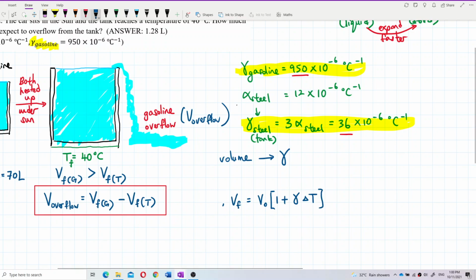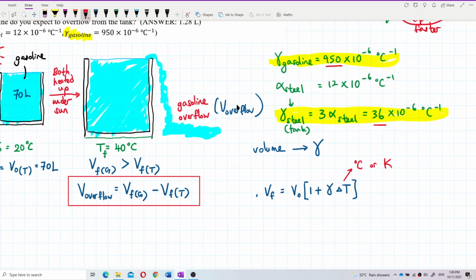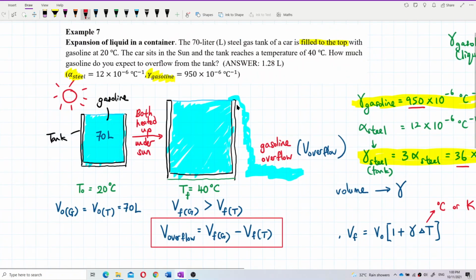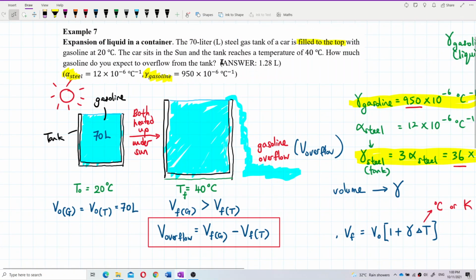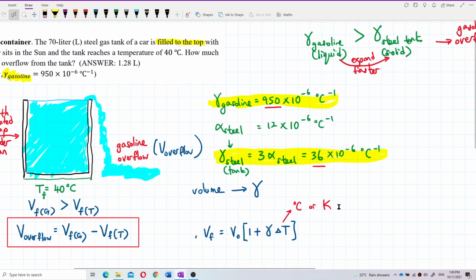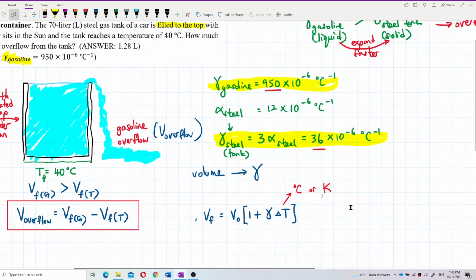For the change of temperature, you can use either degrees Celsius or Kelvin, because, as I already explained many times, you don't need to change Celsius to Kelvin. Just maintain it as degrees Celsius.